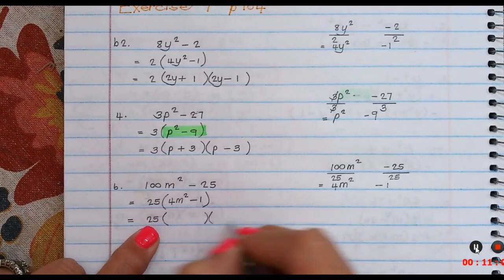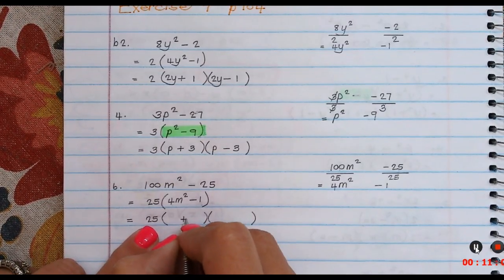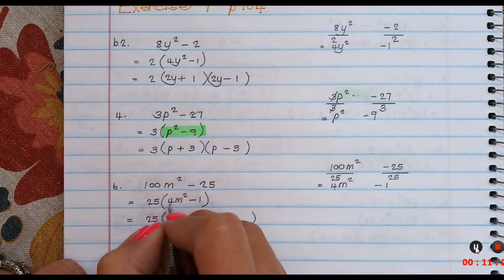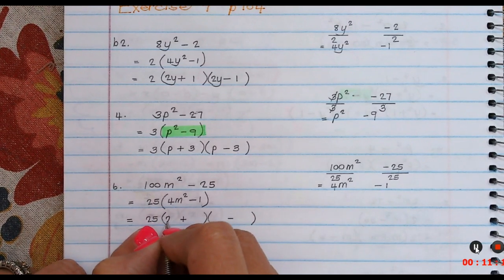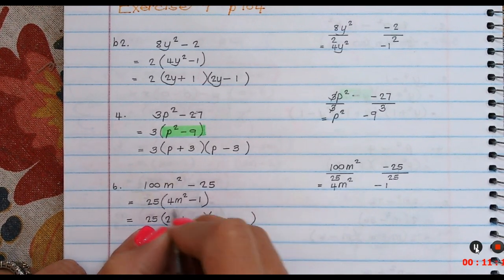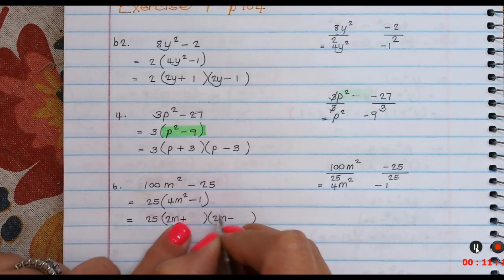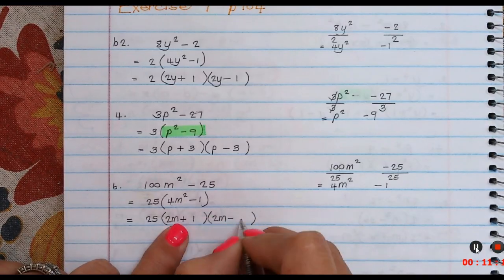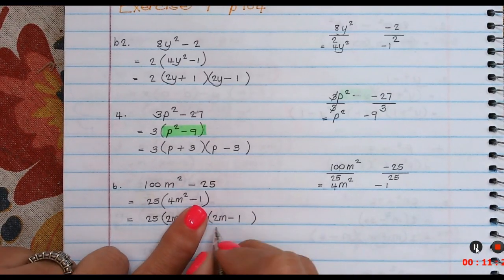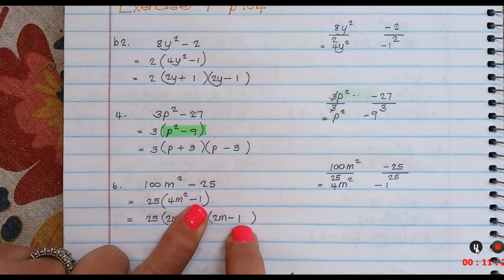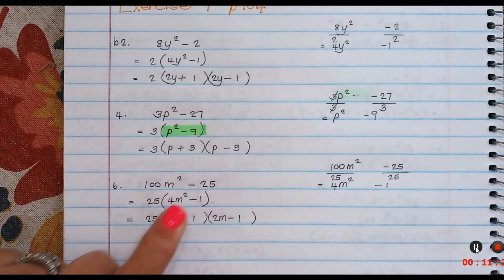So, positive, negative. 4, 2 times 2. M squared, m times m. 1, 1 times 1. Look at 2 and 1, because that will throw out the difference in two squares.